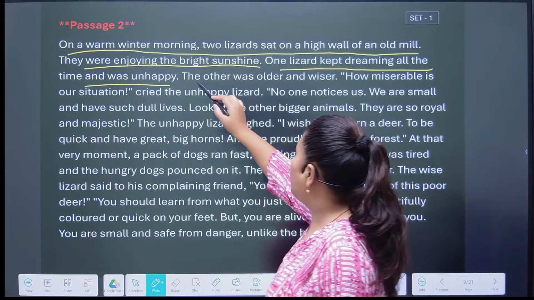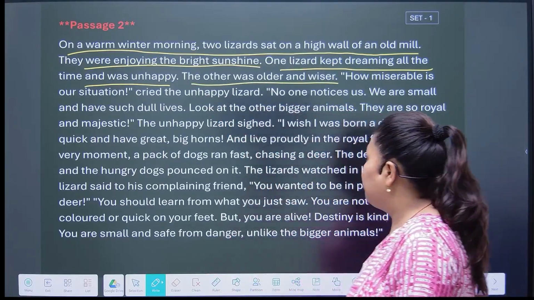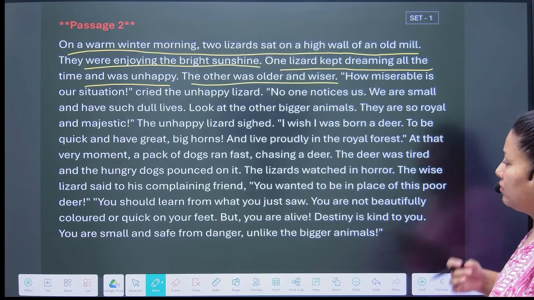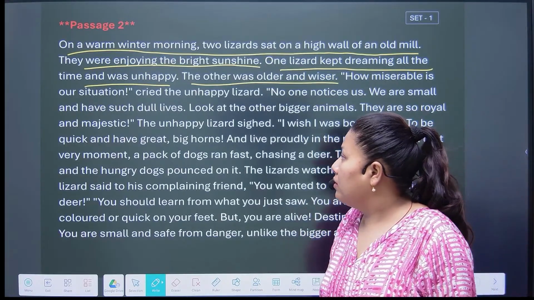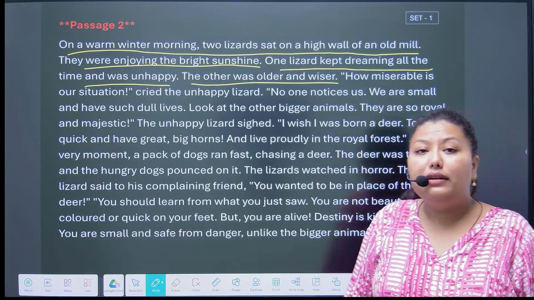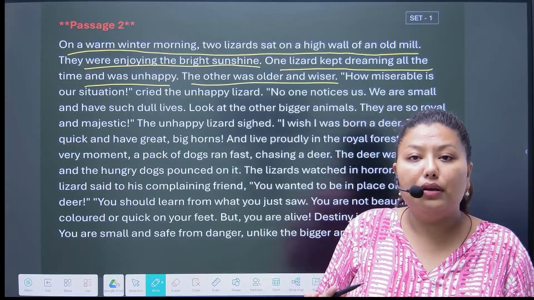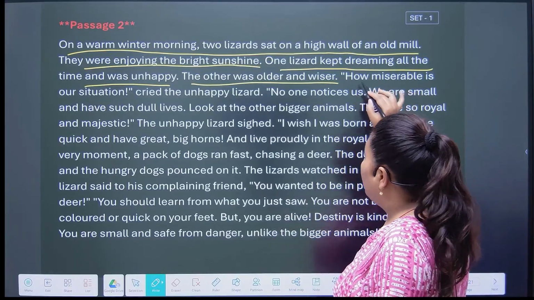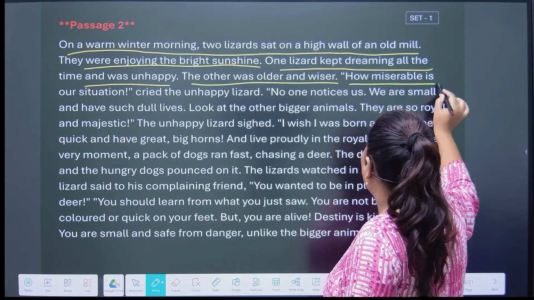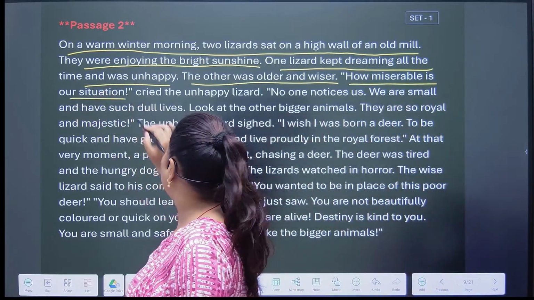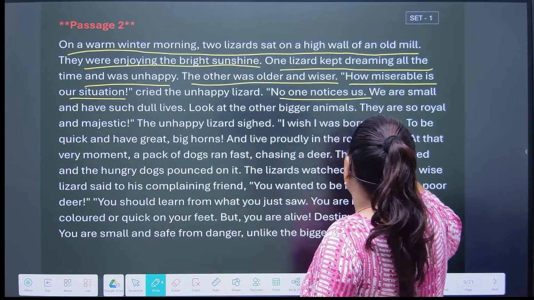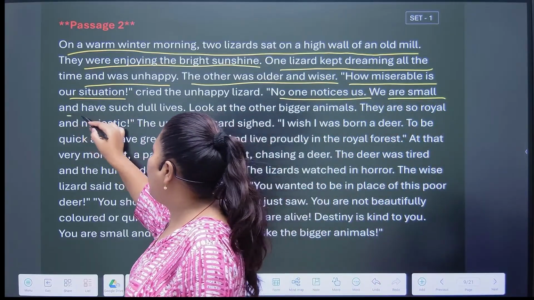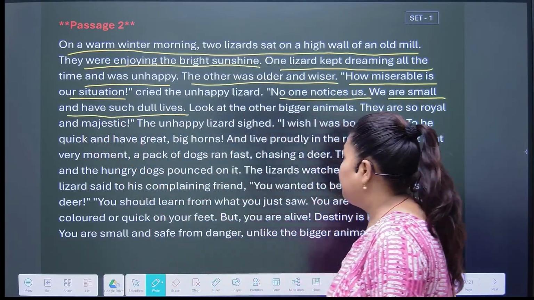The other was older and wiser. What did the unhappy lizard say about his life? The unhappy lizard said, how miserable is our situation. No one notices us. We are small and have such dull lives.